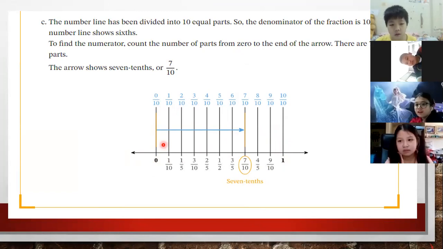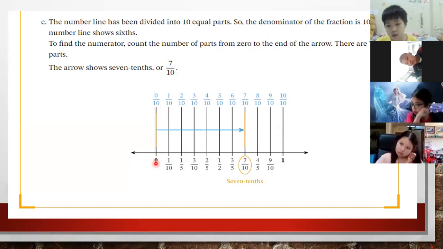Okay. You see? You count this. 1, 2, 3, 4, 5, 6, 7, 8, 9, 10. Look, it is equal. Okay? So the denominator is 10, because you are going to divide it into 10 equal parts.